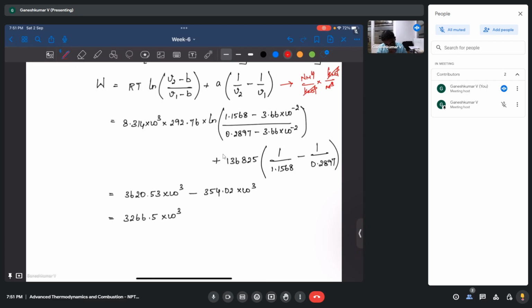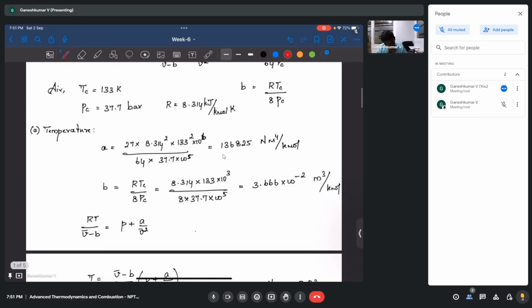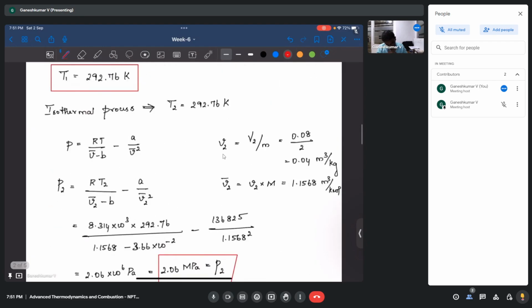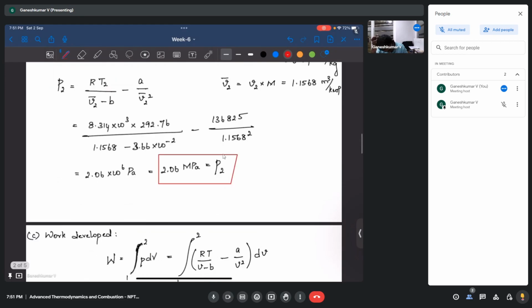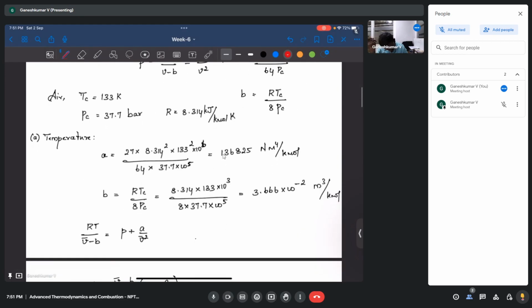This in kilojoules. A, what is the unit of A? Where did I write A? Here.